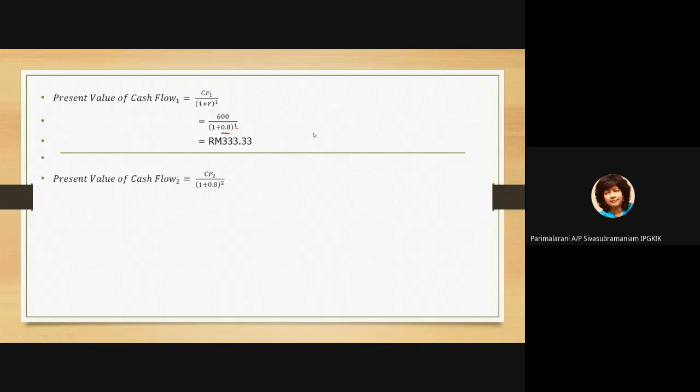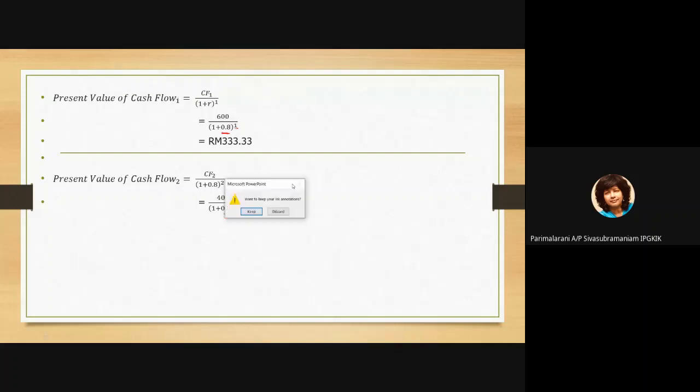Okay, then you find the present value for the second cash flow, 400. Discount rate, yes, 8%, right? 8% is supposed to be 0.08. Yeah, 0.08. Yes, I made a mistake.